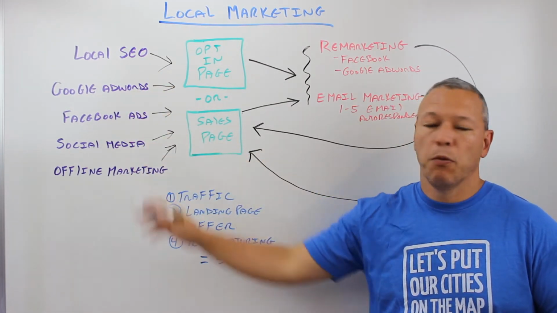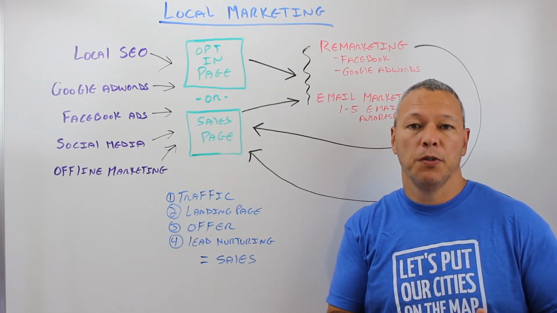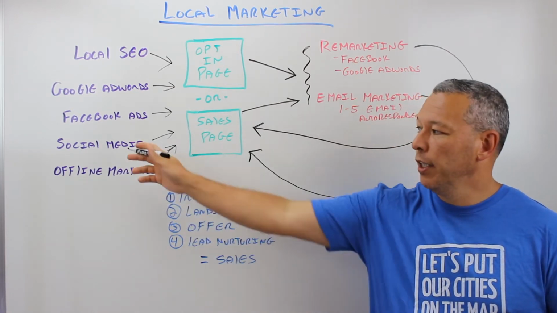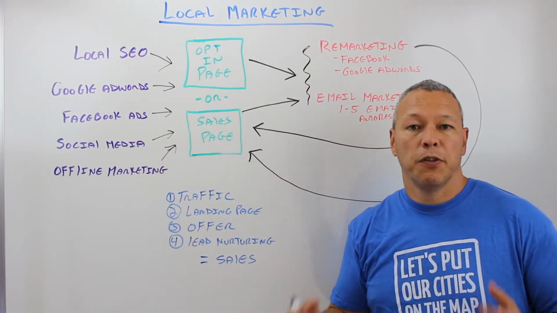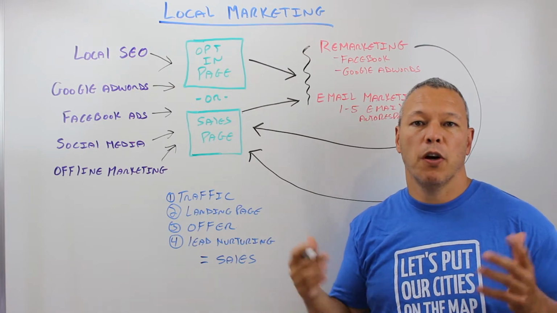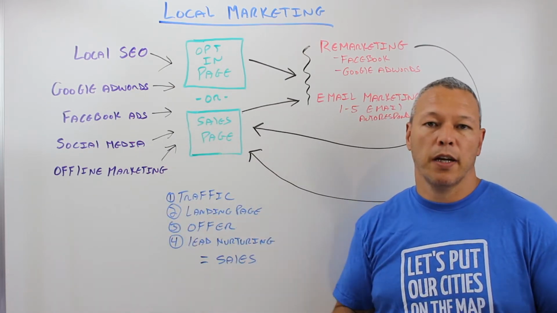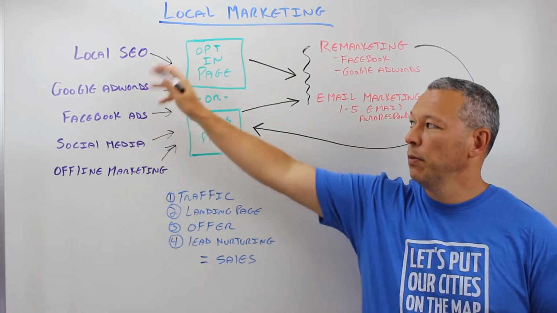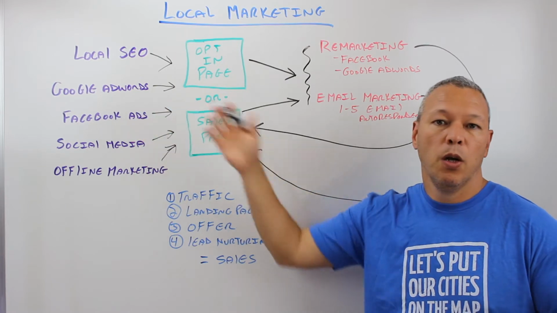You can be doing Google AdWords or Facebook ads to target exactly who you're trying to sell to and bringing them to your website. You can do social media if you're good at social media, or you can do offline marketing. If you're doing print material, print ads, postcards, newspapers, radio ads, anything, direct them to your website and it works exactly the same way.